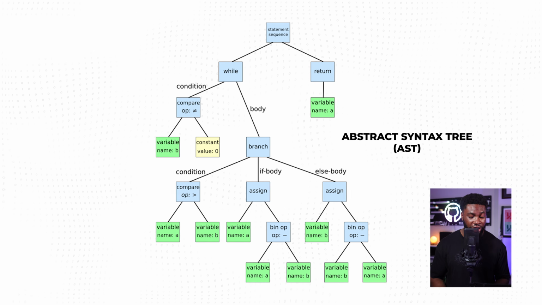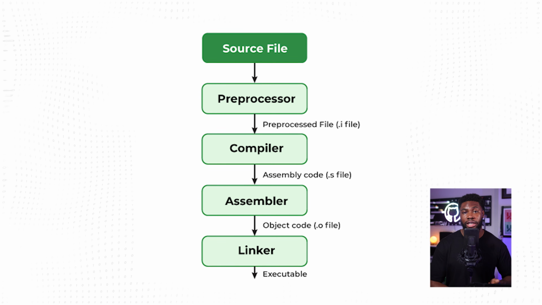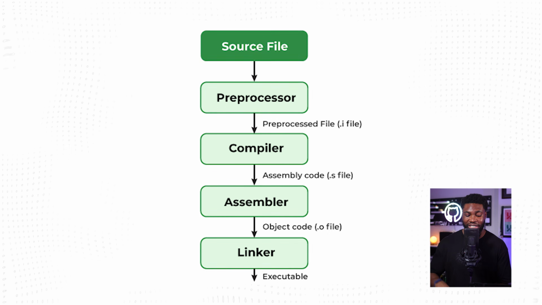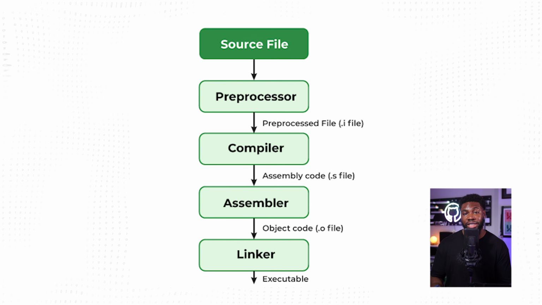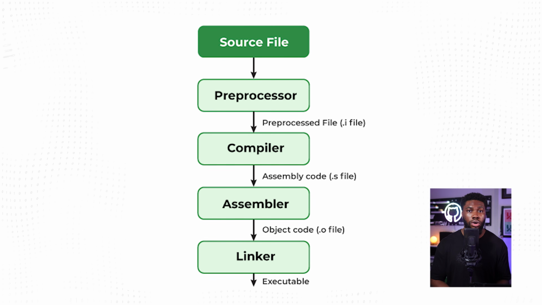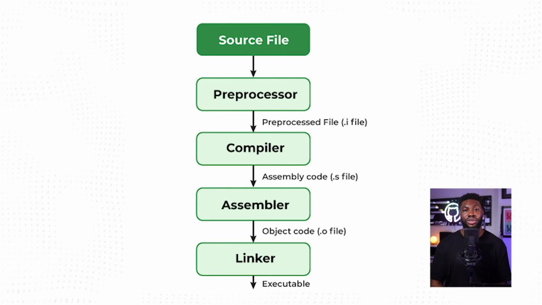Modern compilers are very sophisticated. They'll do things like constant folding, dead code elimination, loop unrolling, and register allocations to make sure your code runs as efficiently as possible. After optimizations, the compiler then generates assembly code which is specific to the target architecture, for example x86 or ARM. Finally, this assembly is translated into machine code which the processor can execute.